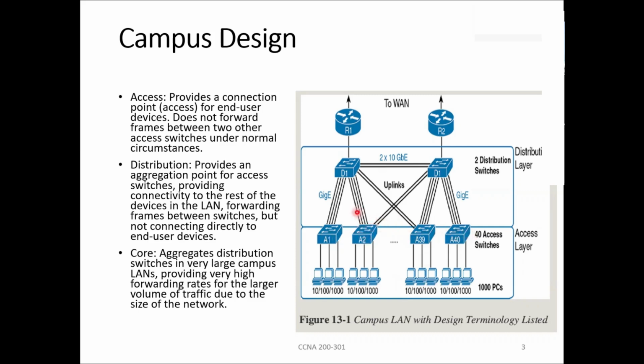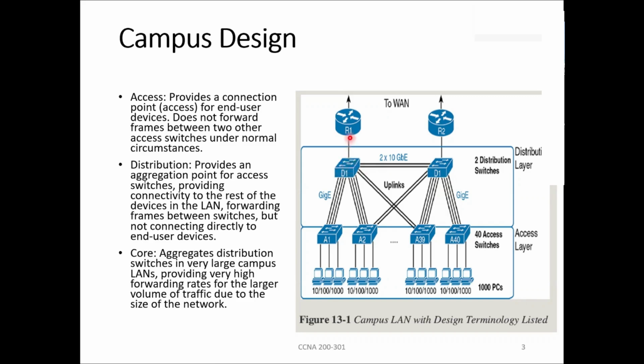After that, you can see we have multiple links from each of the switches, and especially these two switches also have redundancy. So this switch can go via both of the distribution layer switches. And this switch has multiple links to this distribution layer switch.